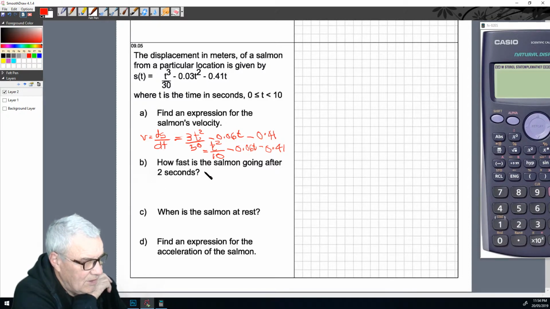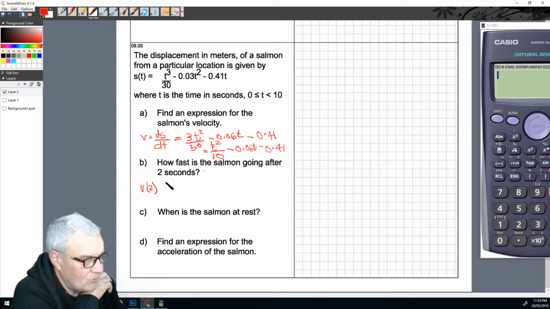Well, let's see. That's the function for the velocity. So V2, I'll just do it like that.